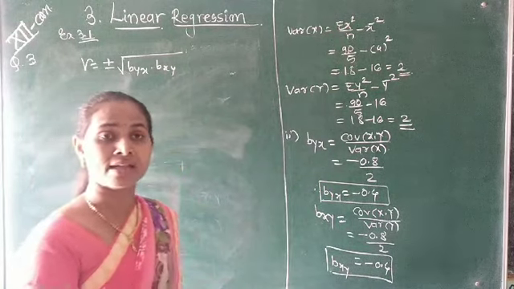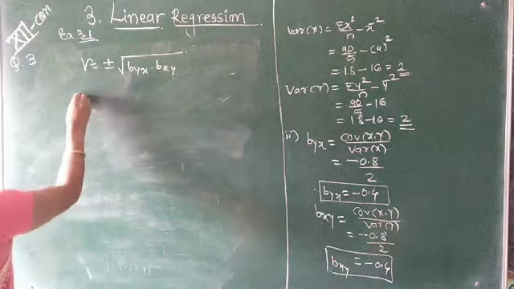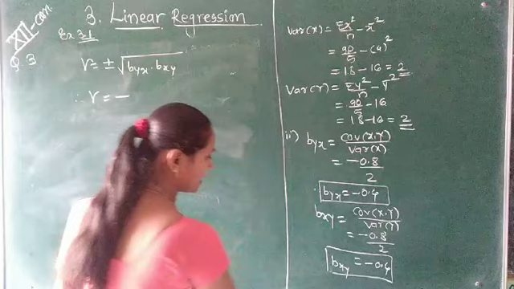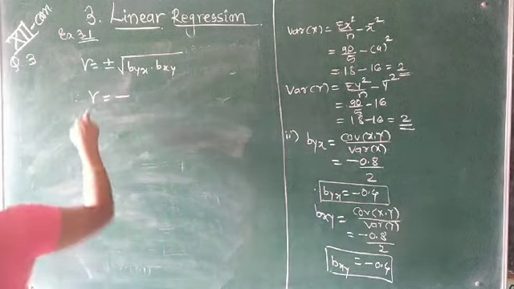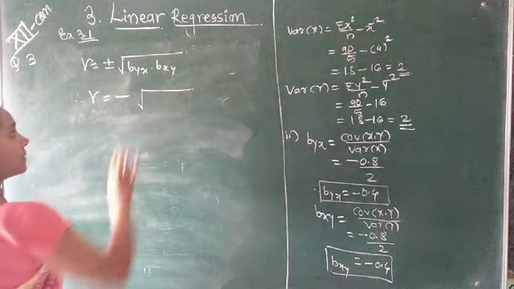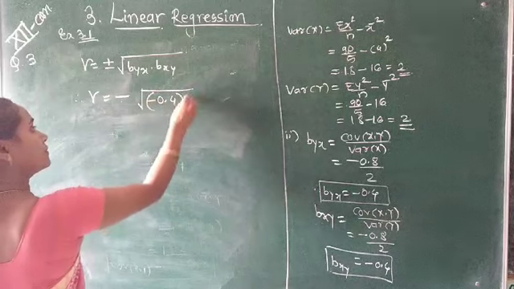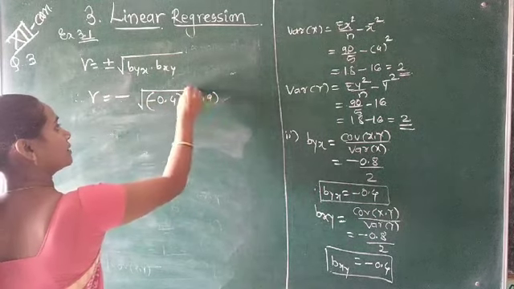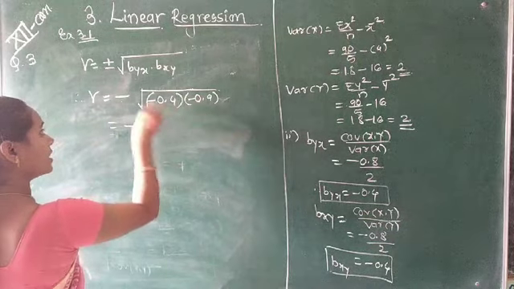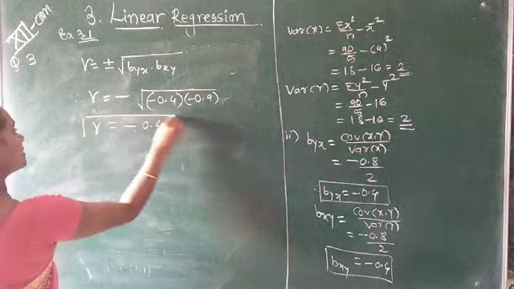The sign of byx and bxy is the sign of the correlation coefficient. Therefore r is negative, since both bxy and byx are negative. Taking byx and bxy, minus 0.4 into minus 0.4, the minus minus becomes plus, and taking the square root of 0.4 square, hence r is minus 0.4.